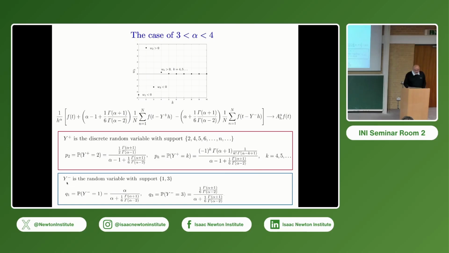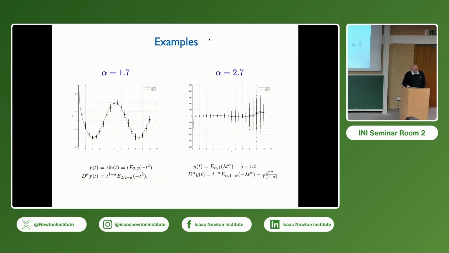And y minus has only 2 values, 1 and 3, that are dropped from here with the appropriate probabilities. And so basically what we have here is another scheme for the Monte Carlo simulation for orders between 3 and 4.